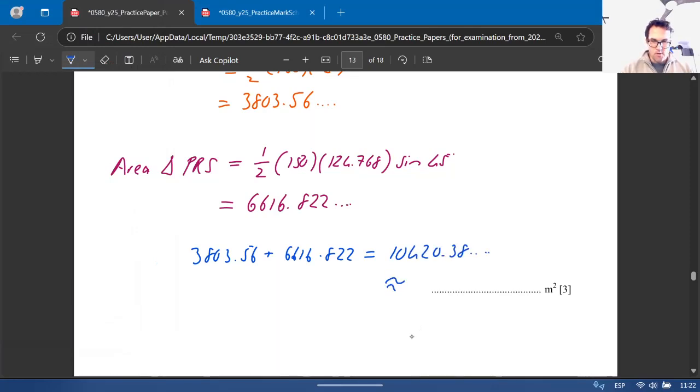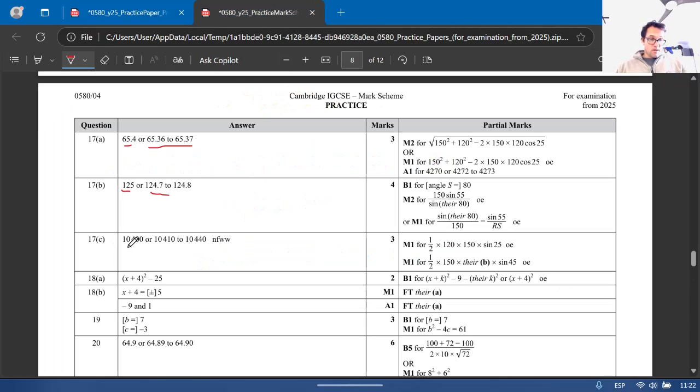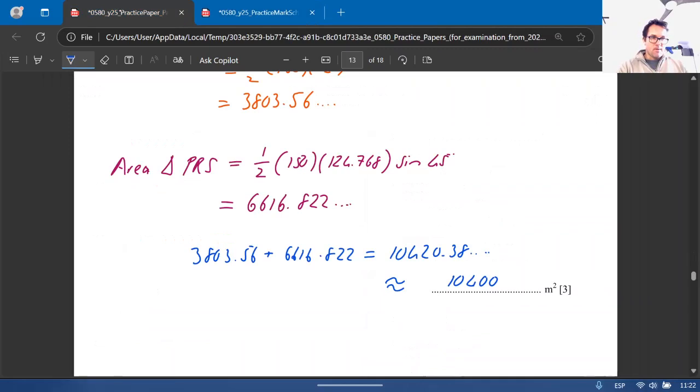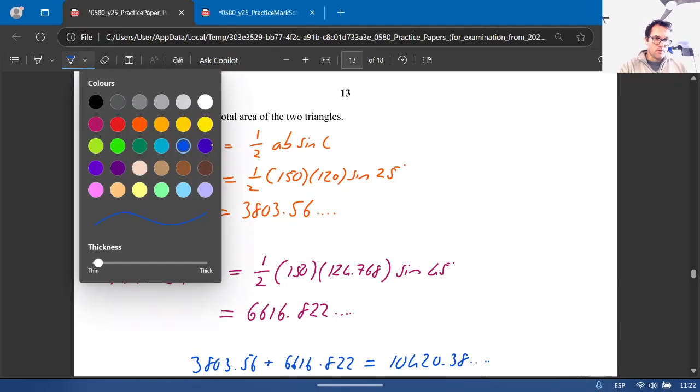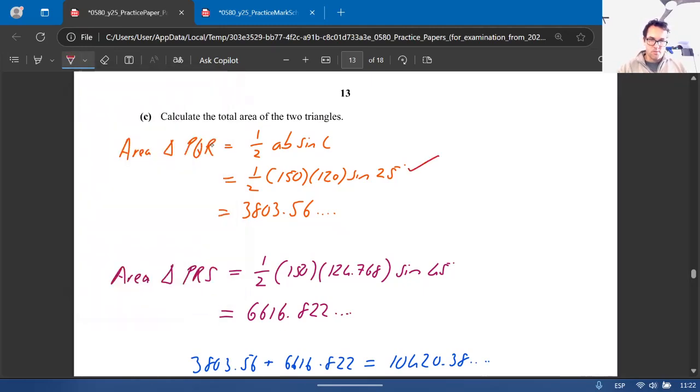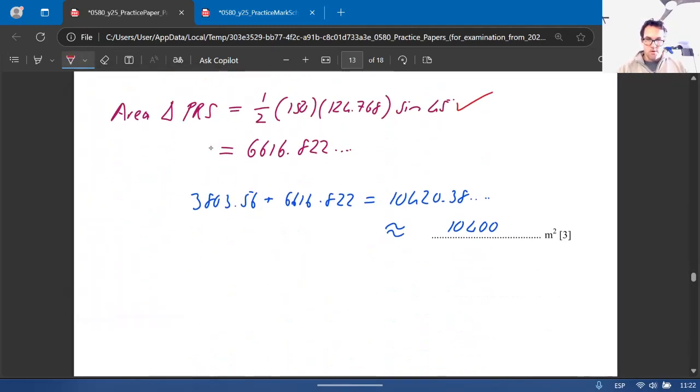Then, and only then, if you want to round to three significant figures, it should be 10,400. But if you're unsure about the rounding, write the full answer. 10,400 is correct, but working out should be correct. You get 1 mark for doing this correctly, 1 mark for that step correct, and then 1 mark for the unrounded or rounded correct answer.